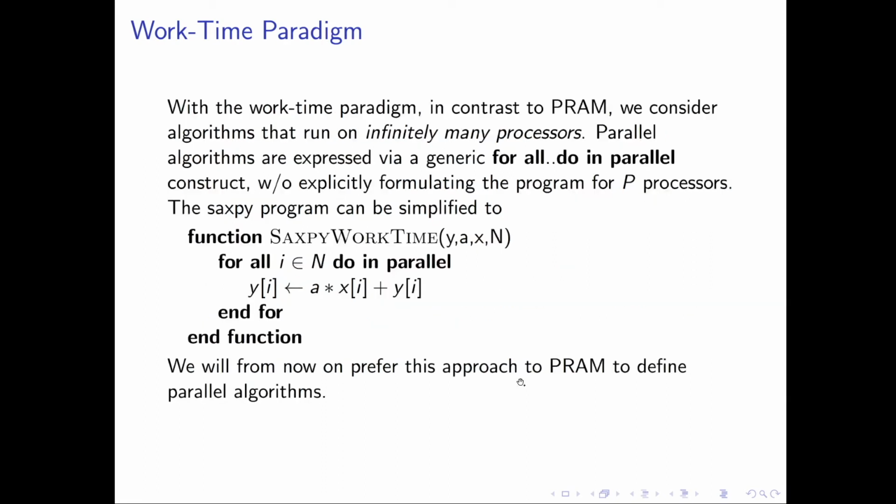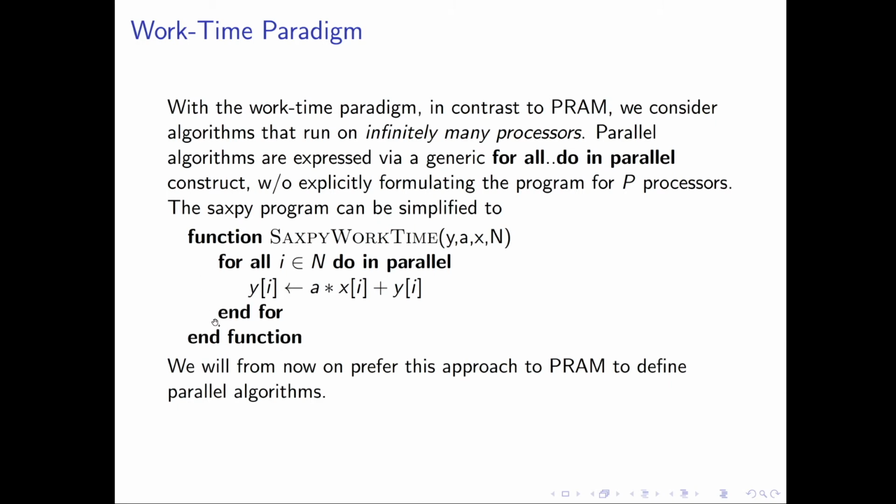With the work time approach, we formulate our algorithms differently than with the PRAM machine model. In particular, we now don't define parallel functions anymore, but we instead define sequential functions, and those sequential functions can make use of parallel for loops, like this construct that is provided by the machine model, where we will see those n items being processed in parallel.